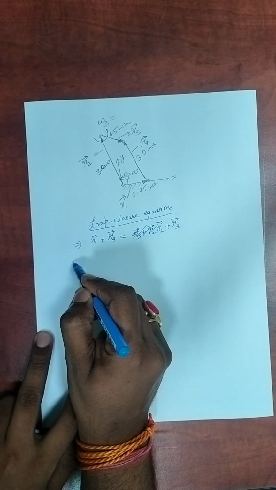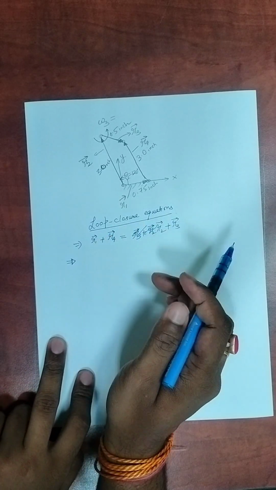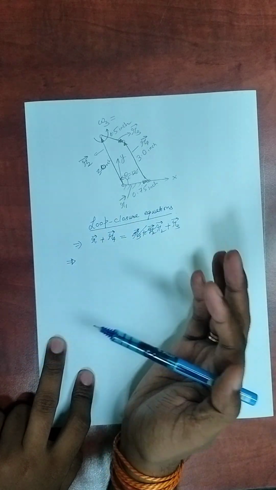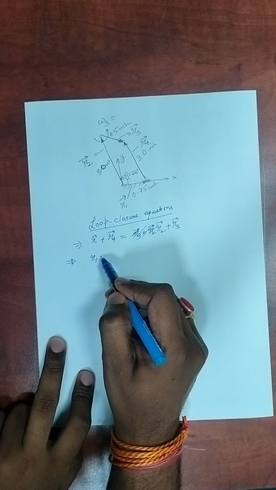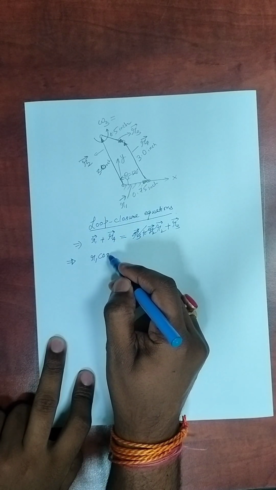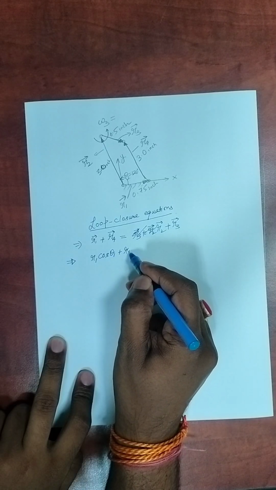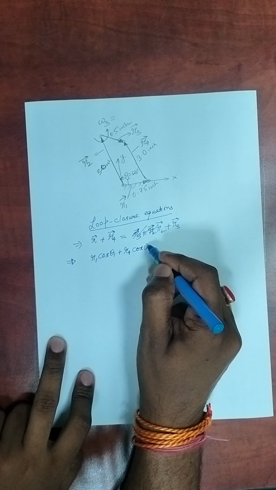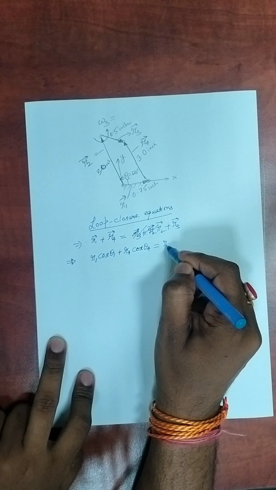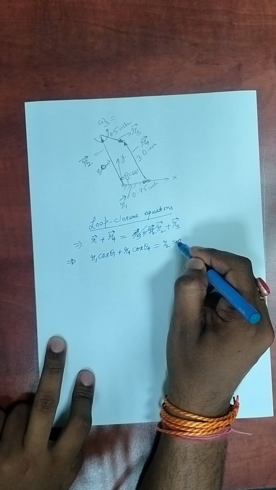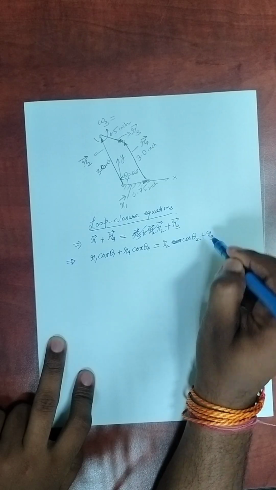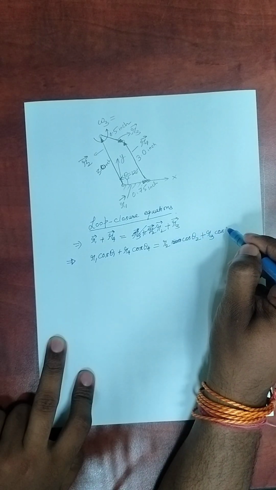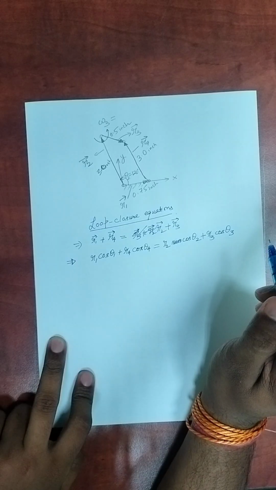Again, as a standard, if I break them down into two component equations along x and y, I will have r1 cos theta 1 plus r4 cos theta 4 is equal to r2 cos theta 2 plus r3 cos theta 3.